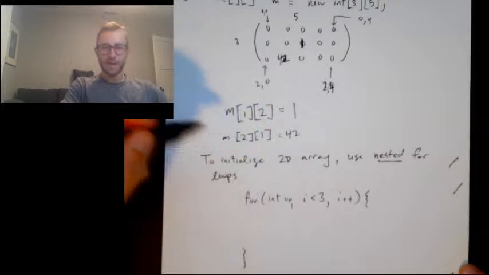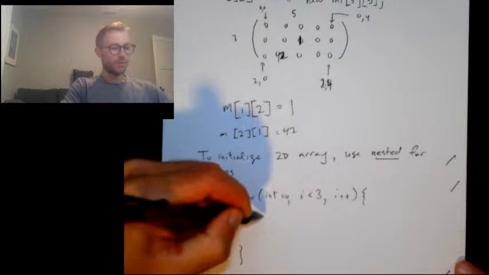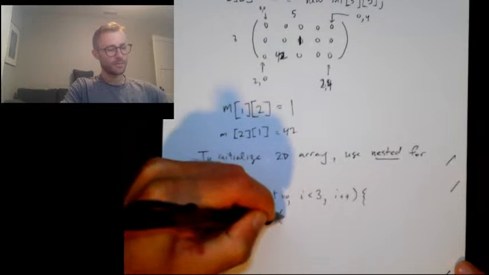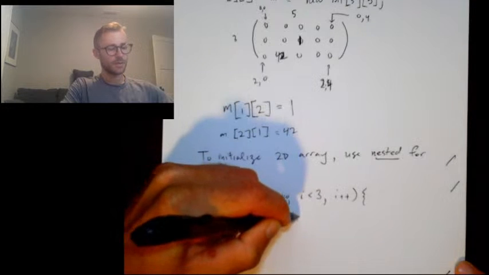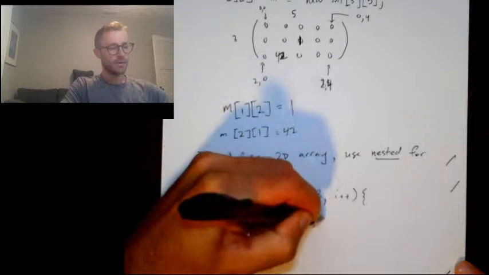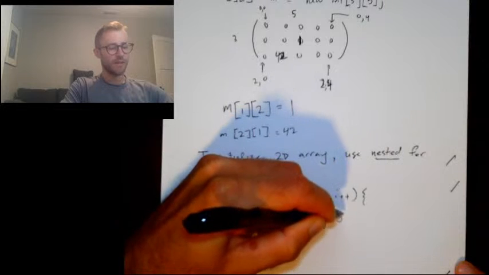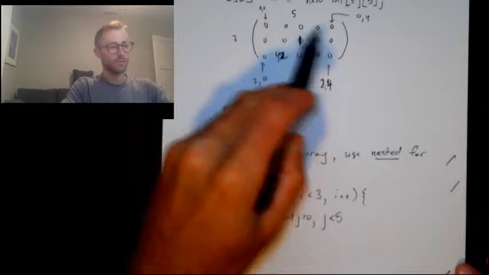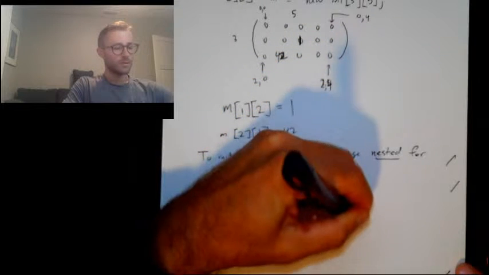And then within that, I iterate over the columns. So I have a second for loop. So int j equals 0. j is going to be less than 5 because it's going over all of the columns, and there are 5 different columns. And j plus plus.